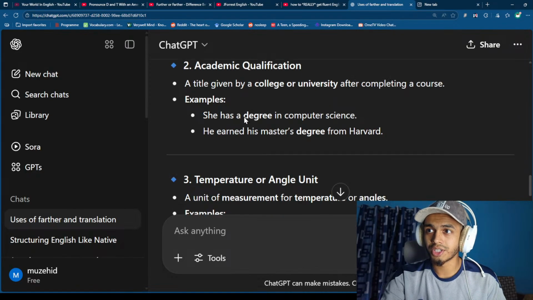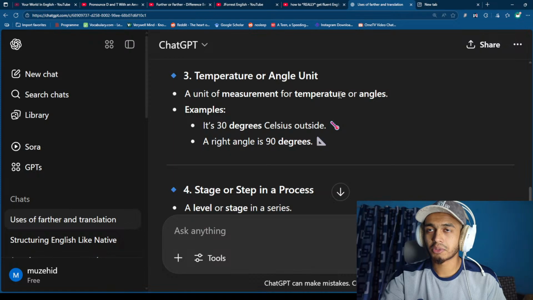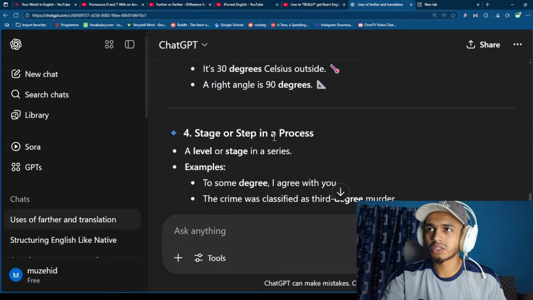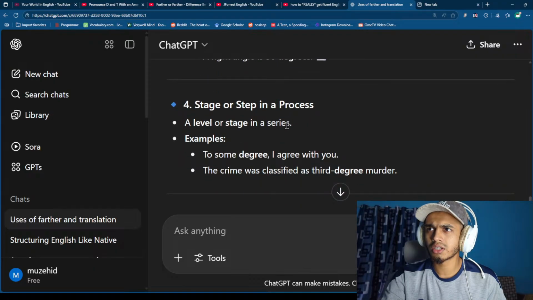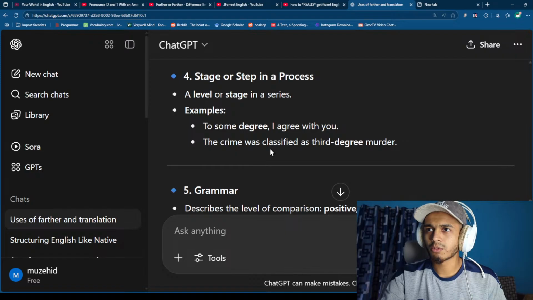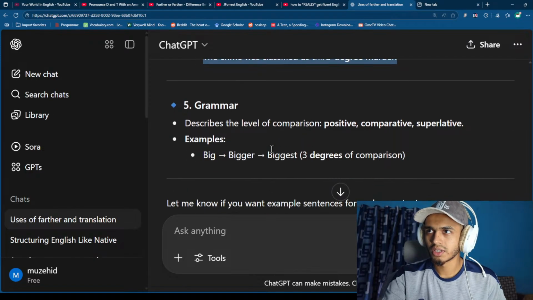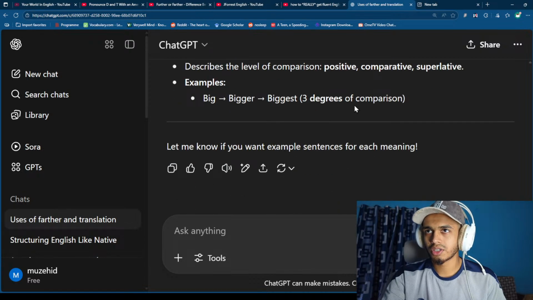I know this one. Stage or step in a process: a level or stage in a series. The crime was classified as third degree murder. I know about this one. Grammar: describes level of comparison, positive, comparative, and superlative. Examples: big, bigger, and biggest. Three degrees of comparison.